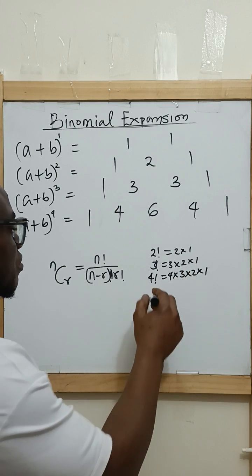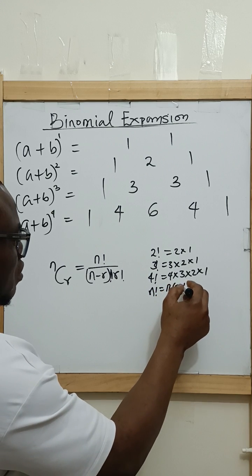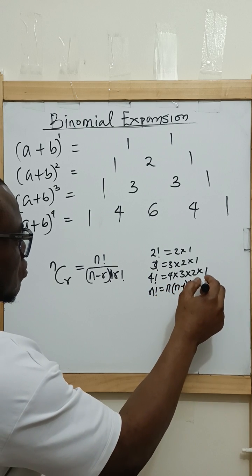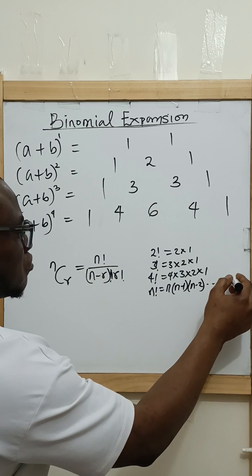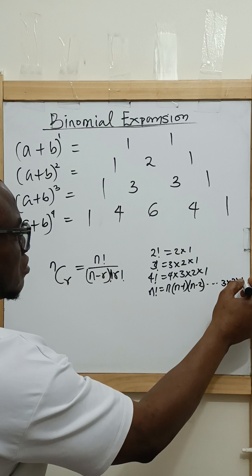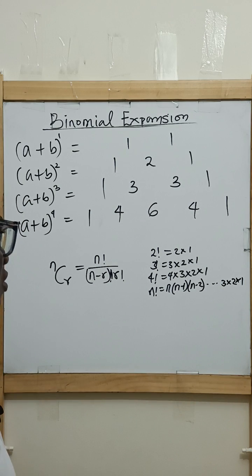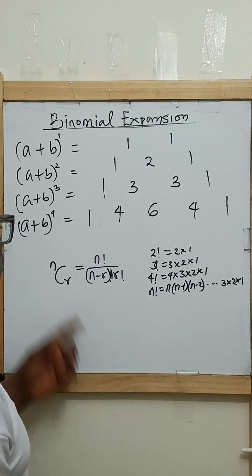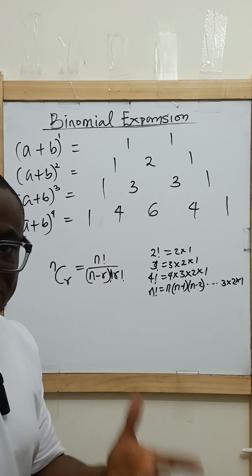And n factorial is n times (n minus 1) times (n minus 2), continuing to decrease down to 3 times 2 times 1. You see that? These values you're seeing, they are numbers.